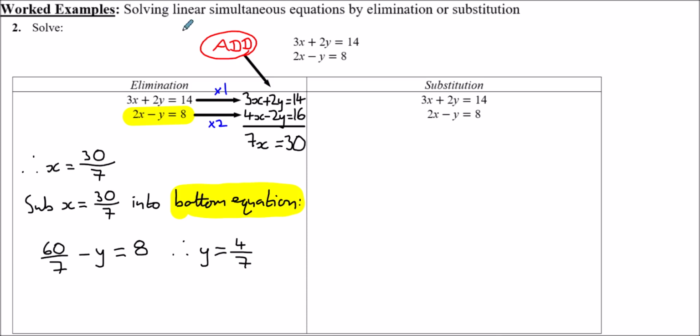So putting those pieces together, we've got x, which is 30 over 7, and y, which is 4 over 7. So the solution set is x is 30 over 7, and that y is 4 over 7.